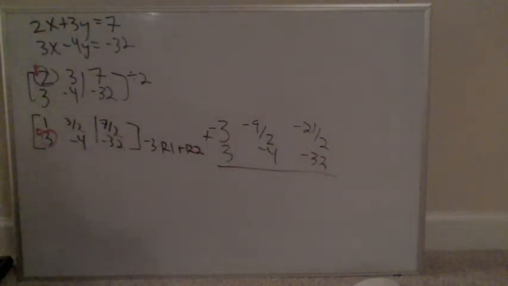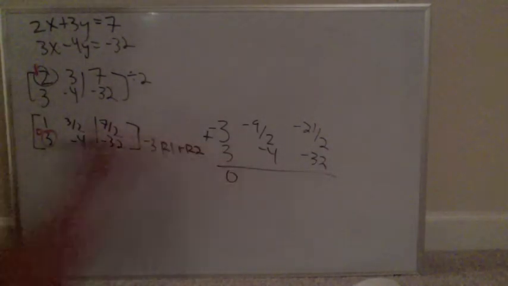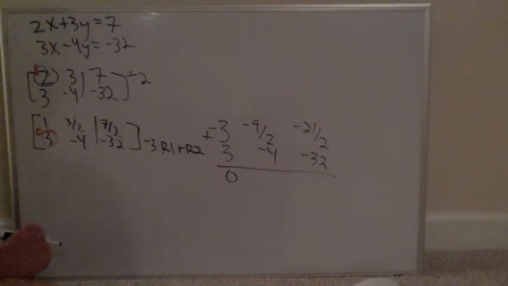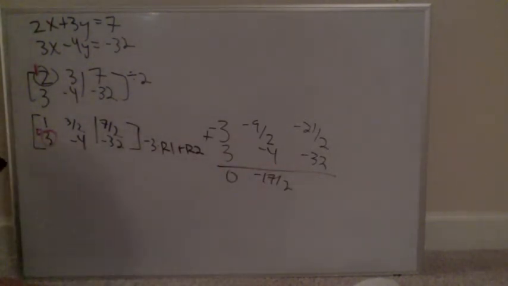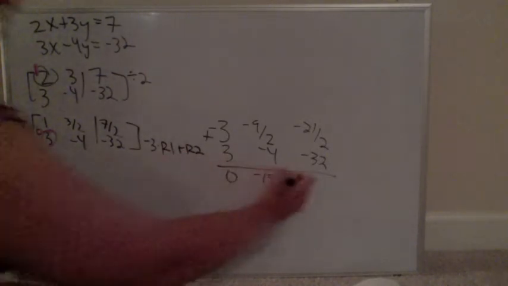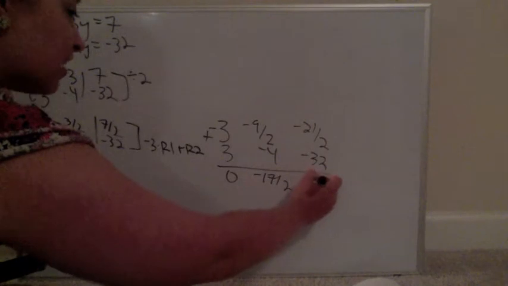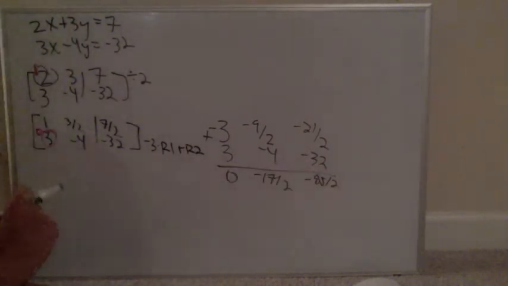So the -3 plus 3, that cancels out to 0. Then -9 halves minus 4, that is -17 over 2. Then -21 over 2, subtract 32, that is -85 over 2.